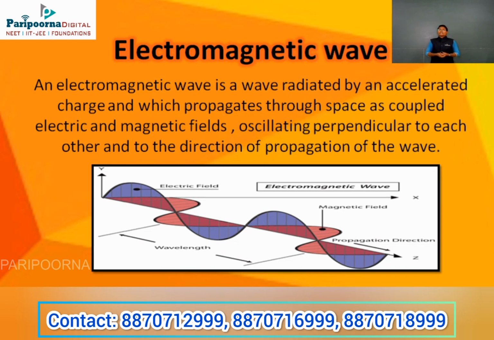Here comes the electromagnetic wave, the main topic of today's session. An electromagnetic wave is a wave which is radiated by an accelerated charge, that is, an oscillating or moving charge. It propagates through space as coupled electric and magnetic fields, oscillating perpendicular to each other and to the direction of propagation of the wave.